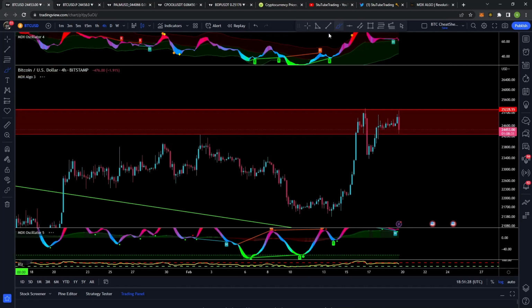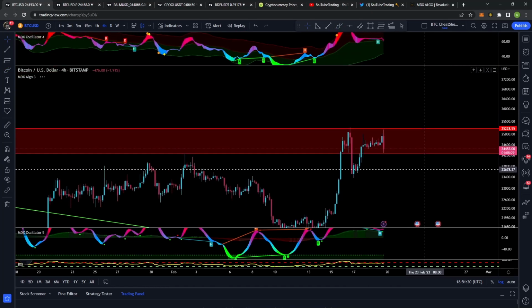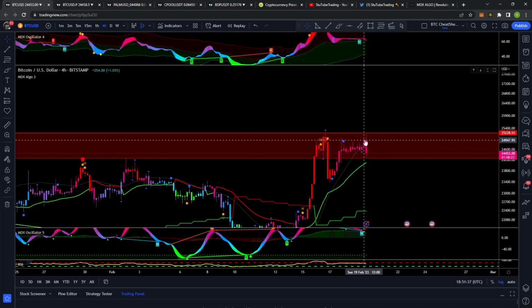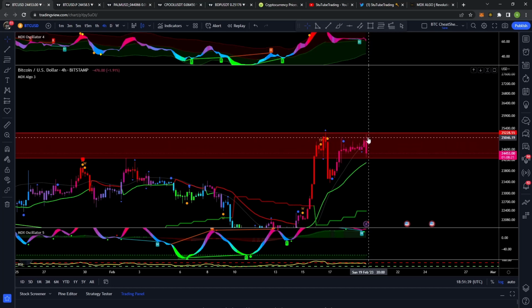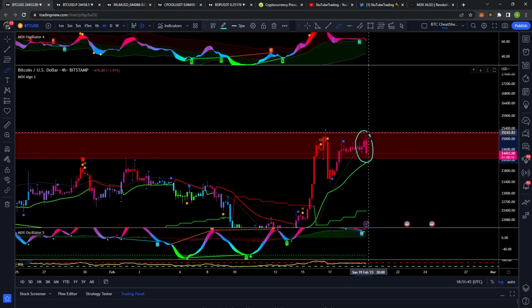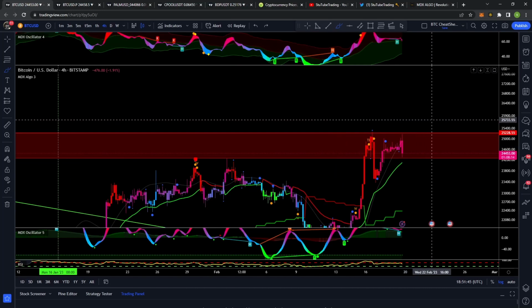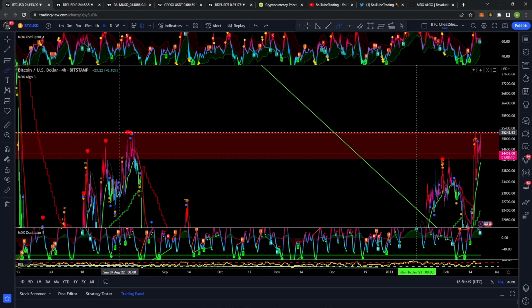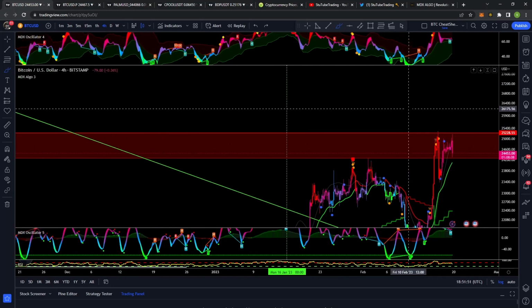I don't really like how this 4 hour looks for Bitcoin. I don't like that we had this little failed pump attempt and then a nice big engulfing candle to the downside, right at a level that could definitely be resistance. So there are a few warning signs.